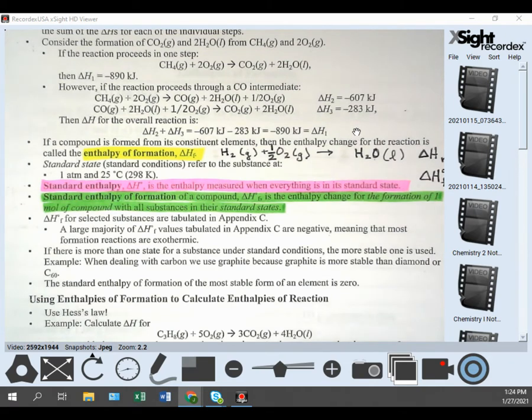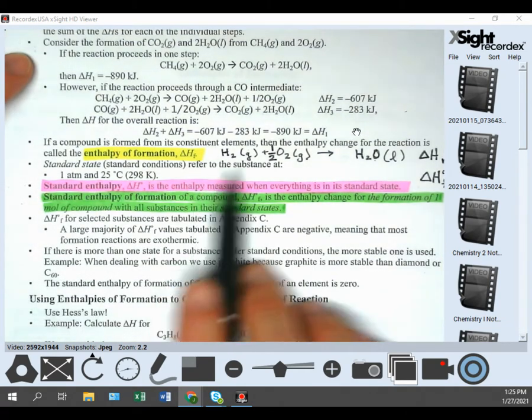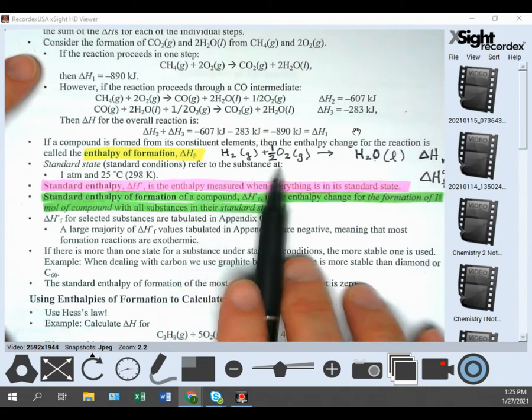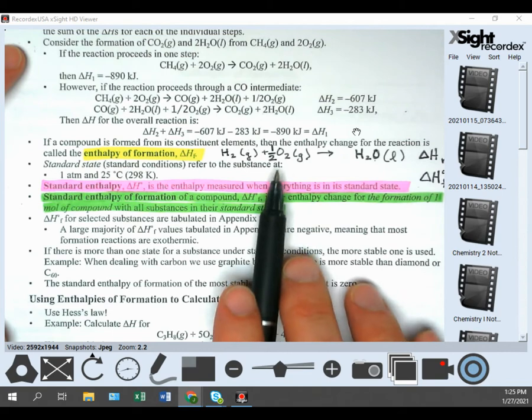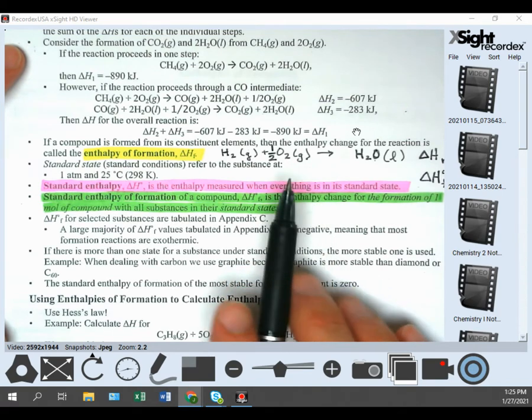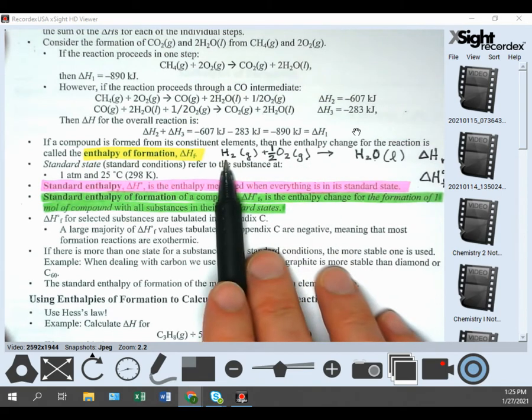And the more stable something is, the less energy it needs to stay in that state. So take hydrogen and oxygen. They are pretty reactive substances. We know that hydrogen combusts very easily.